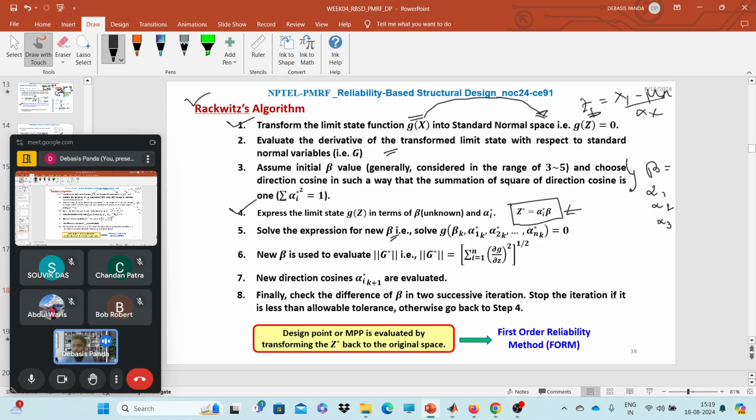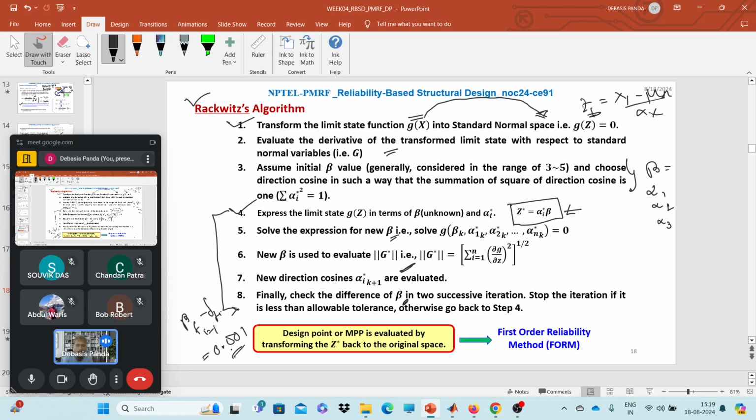Once we get the new beta, again we calculate the direction cosines and check for the new beta, and we repeat from step 4 to step 8 until beta at iteration i plus 1 minus beta at iteration i is well within the tolerance. Say for example we put the tolerance as 0.001. Until the difference between two successive betas is within that, we cannot achieve convergence.